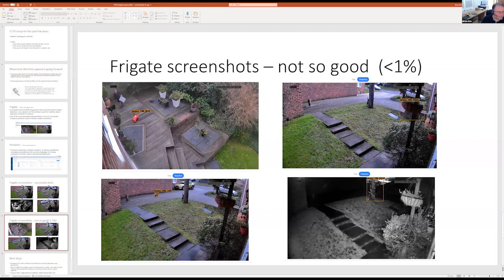But that's me walking. I think I just put it down. So it seems to track it and then work out where it's got the highest percentage, but clearly that was not a very good example. And here I've got a tree with some lights on it. So it's also picked that up as a person. But again, just to stress, this is less than 1%. So for the vast majority of what it captures, it is correct.